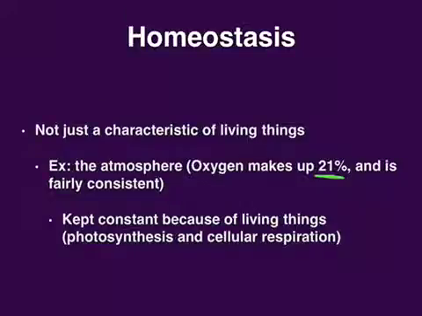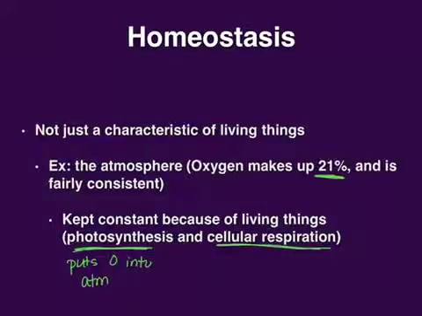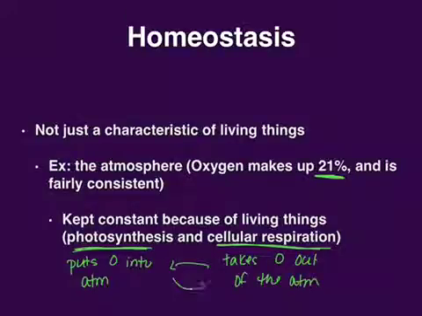It's kept constant because of living things performing photosynthesis, which puts oxygen into the atmosphere, where cellular respiration takes oxygen out of the atmosphere. These two processes work hand in hand to keep the amount of oxygen in the atmosphere at that pretty consistent 21%.